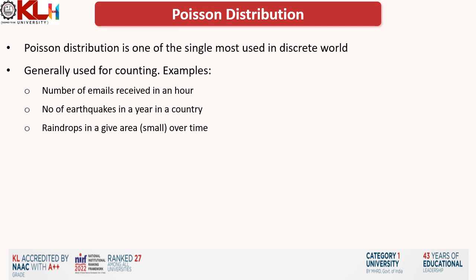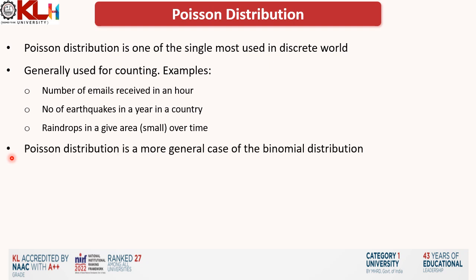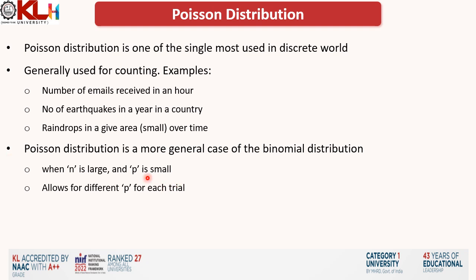Even though the individual probabilities are very small, for example, raindrops in a small area over time, if you accumulate over time, then you will have some results that are non-zero. So it's a more general case of the binomial distribution where n is very large and p is small.